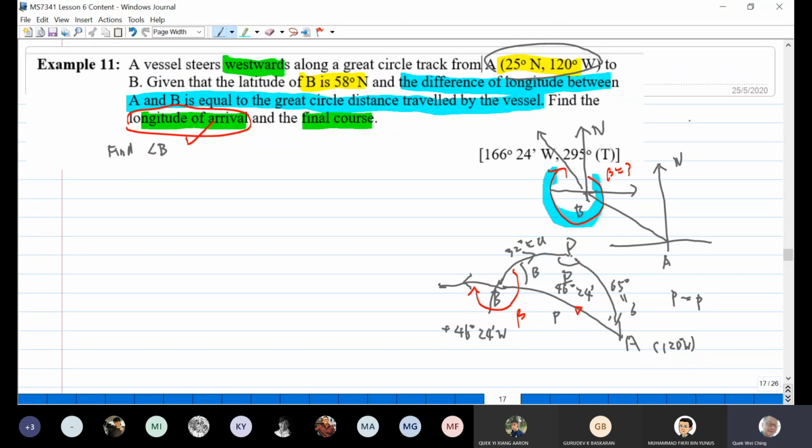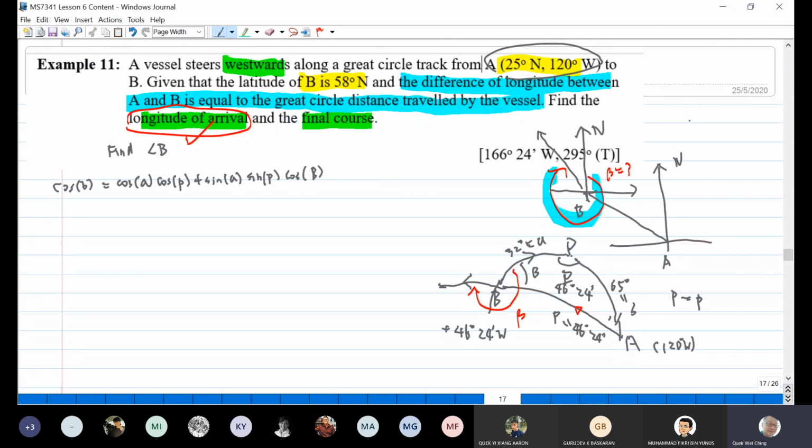So I can use cosine of side B equal to cosine of side A cosine of side P. P is actually, as we figured out, 46 degrees 24 minutes, same as angle P. And this plus sine of A sine of P, then cosine of angle B.